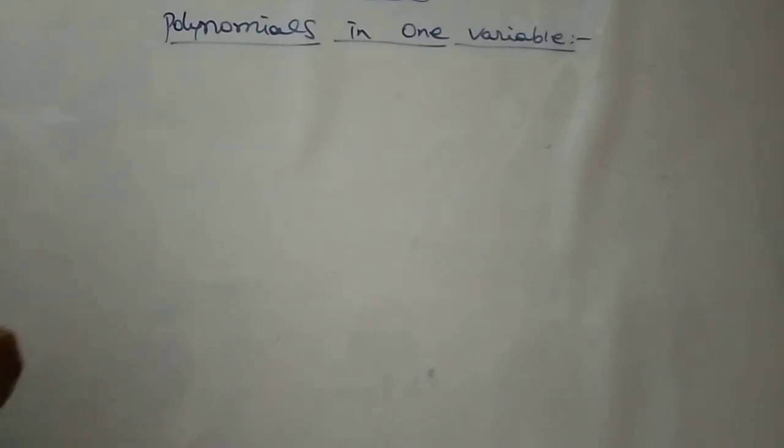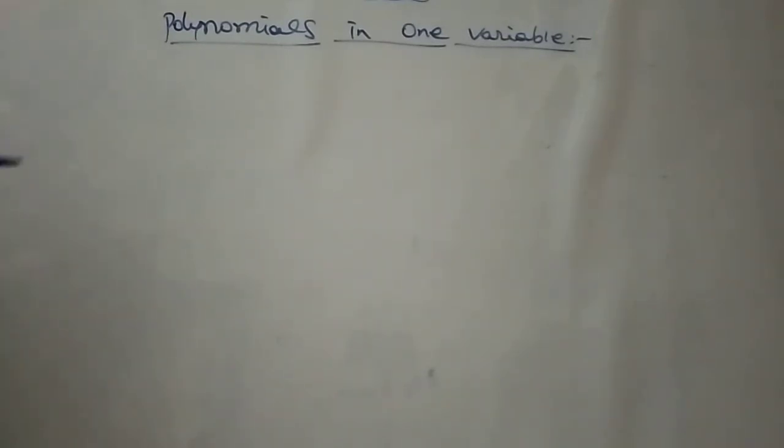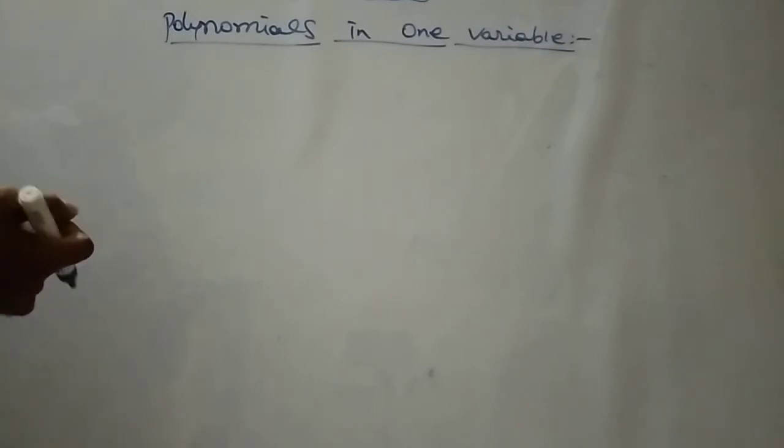The next subtopic, polynomials in one variable. Polynomials may have 2 variables, 3 variables, 4 variables or n variables also. Now we will discuss polynomials in only one variable.